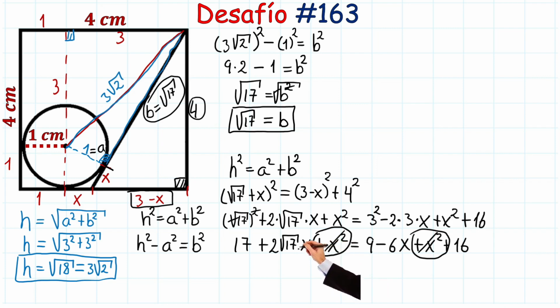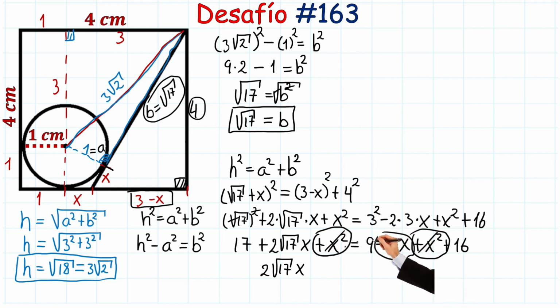Now what do we have? Let's keep on the left side what has x, and on the right side what doesn't have x. Around here we have 2 times the square root of 17 times x. And over here we have this, which also involves x, meaning the left side adds plus 6x, equal to 9 plus 16, that is 25.